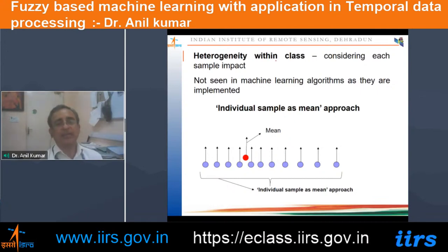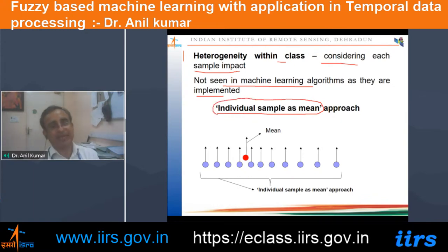So here you can see heterogeneity within class, considering each sample impact, not seen in machine learning as they are implemented. So what we have done is the individual sample as mean approach. In a company, if I give respect to every person, then my results in a company will increase.